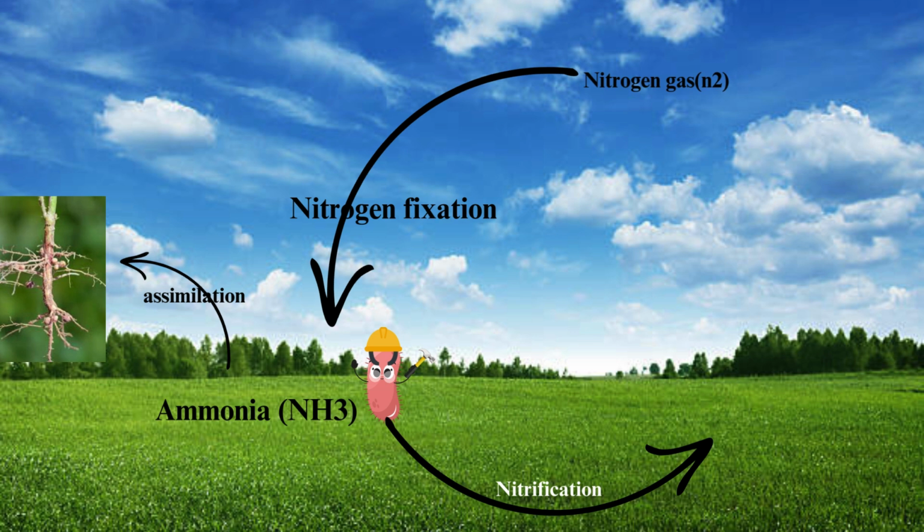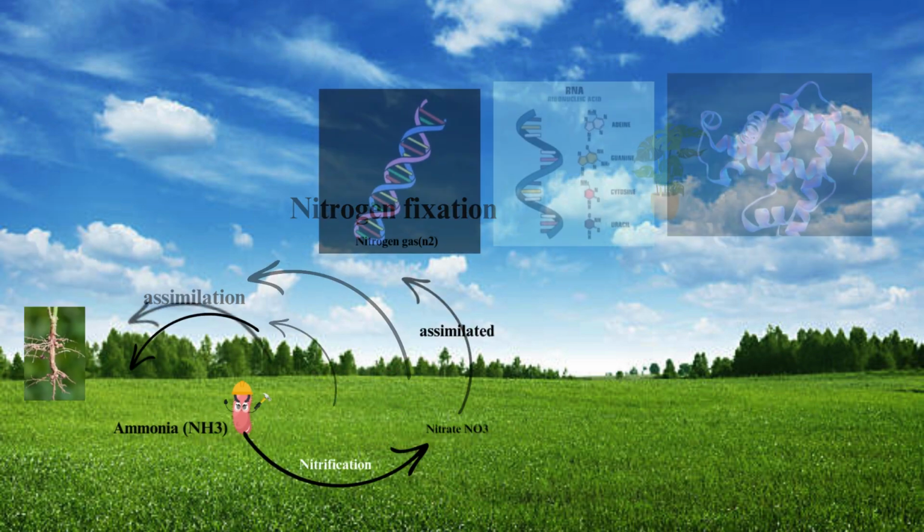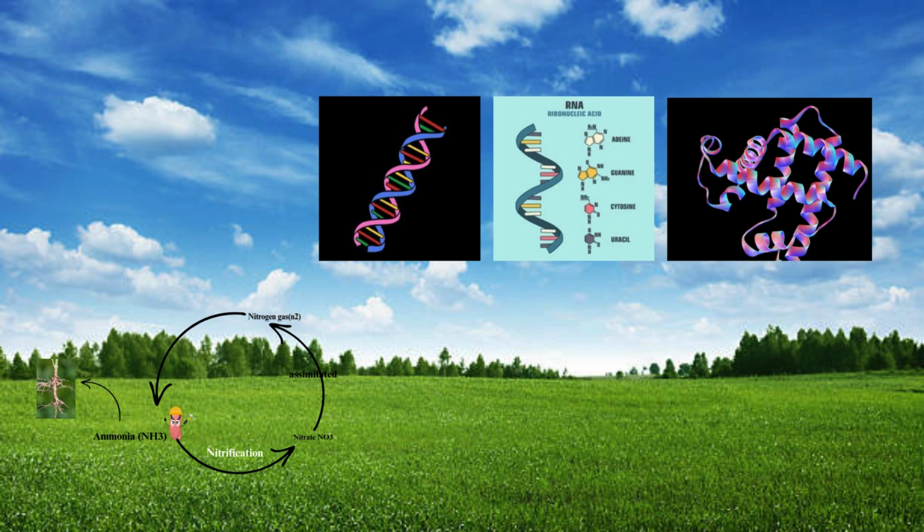Because oxygen is needed for this reaction, nitrification happens best in soils that are well aerated. Like ammonia, nitrate is plant fertilizer because it can be assimilated and used to make biomolecules: DNA, RNA, proteins, etc.